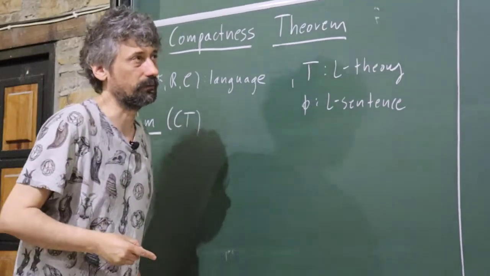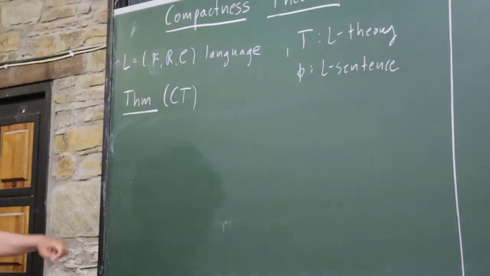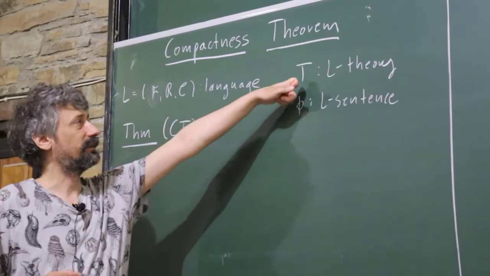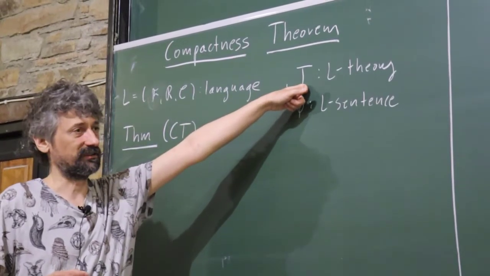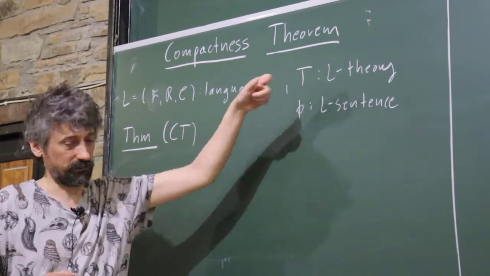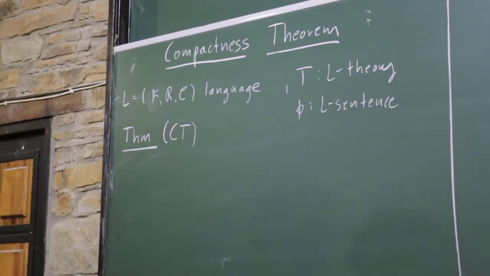Then this theorem we want to show says that if any finite subtheory has a model, if any finite subset of T has a model, then T has a model.